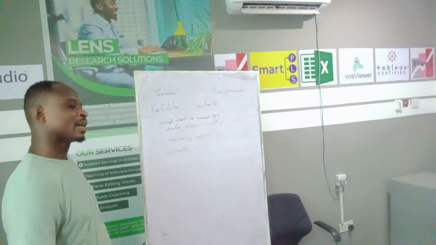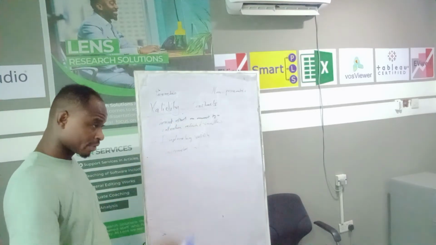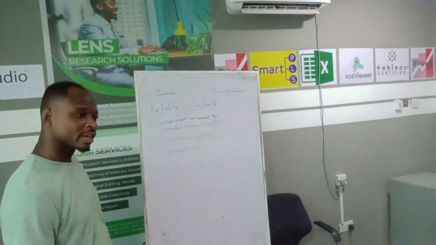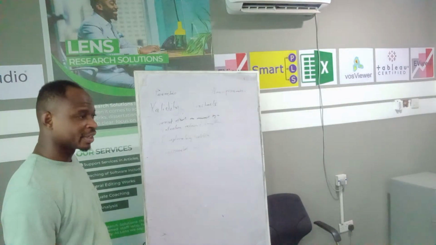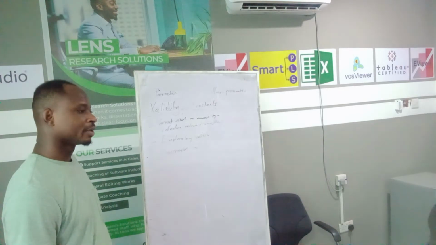But when we use Smart PLS, we are going to talk about discriminant validity. You can write them down because when we get there, I will just mention it as we go. We are doing parallel kind of learning. Okay.